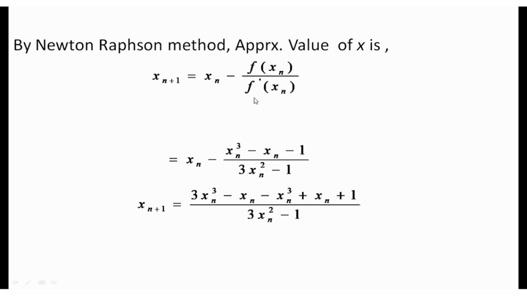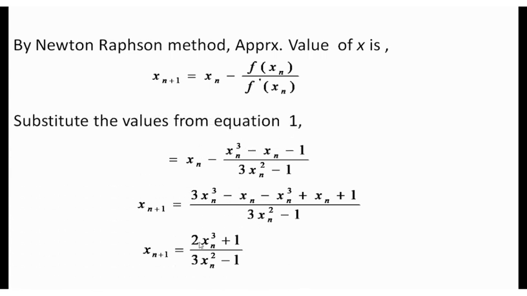Here f of xn is this and f dash xn is this. After solving, we get xn plus 1 is equal to 2xn cube plus 1 upon 3xn square minus 1. This value we are going to use in all the 3 iterations.